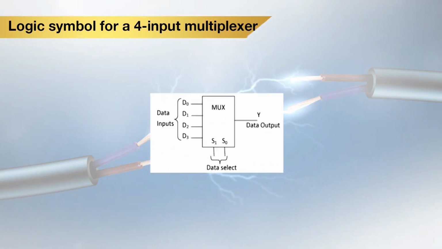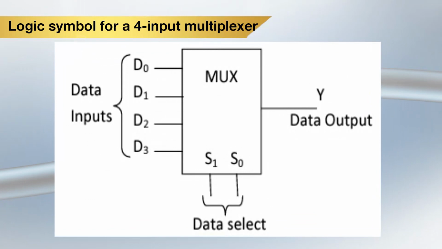The logic symbol for a 4 input multiplexer is shown here. So, there are 4 input lines, that is D0, D1, D2 and D3, and 2 selection lines S0 and S1, and there will be only a single data output.